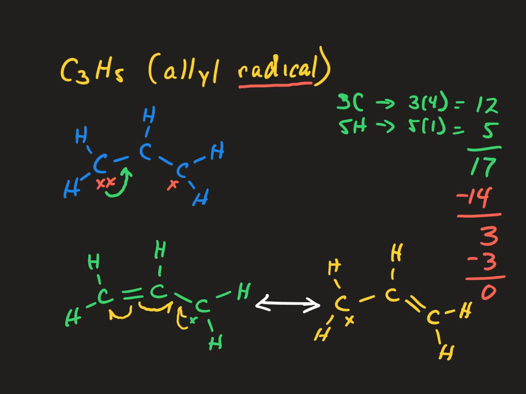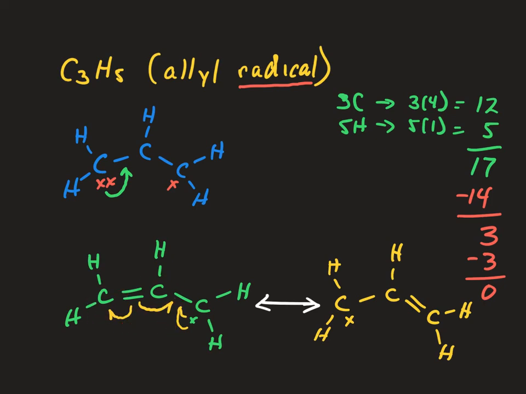If we go through and do a formal charge analysis, we will see that this carbon, even though it looks odd with that unpaired electron, has no formal charge. Same thing here. This carbon has an unpaired electron, but overall, if we do our formal charge analysis, this carbon has no formal charge. So when we have free radical species next to carbon-carbon double bonds, we can get resonance.